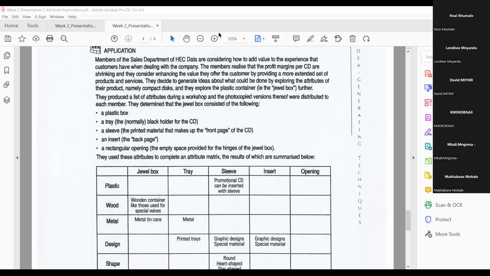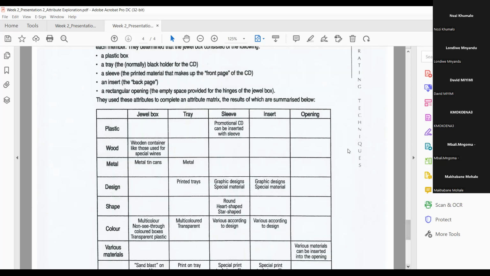They looked at the packaging of the CDs. And this table here is the attribute matrix. The attributes at the top there, those are attributes.